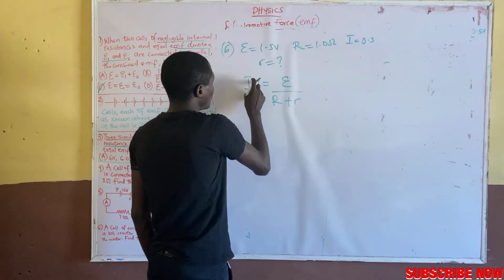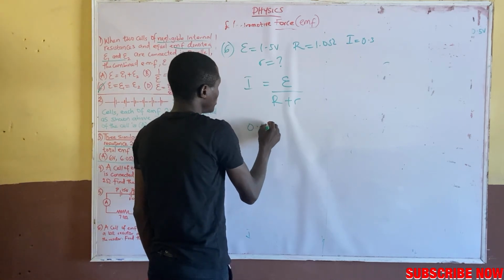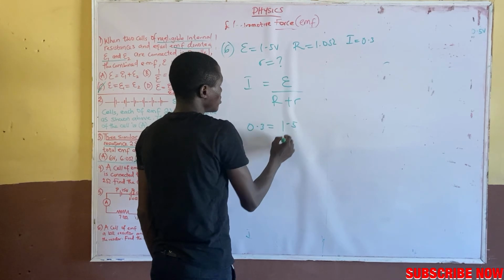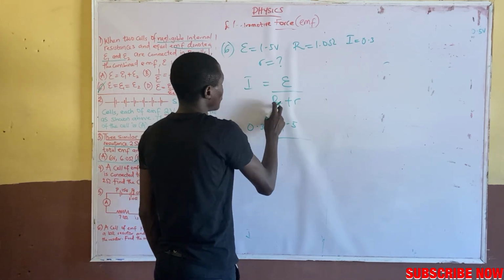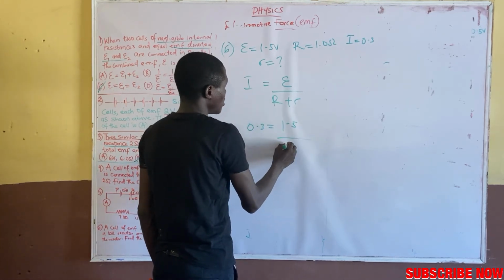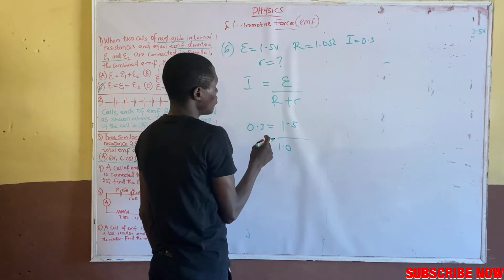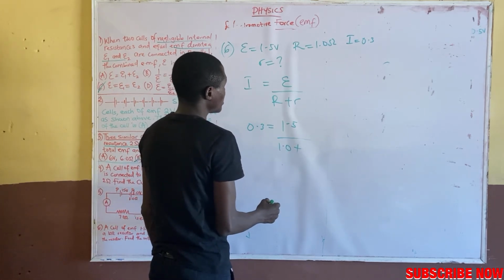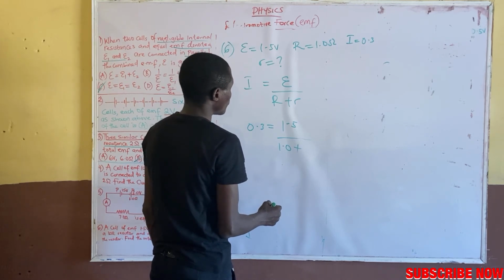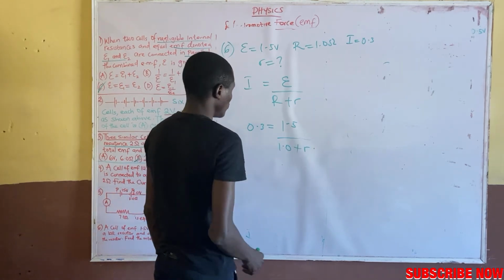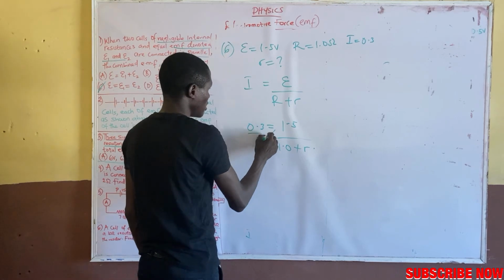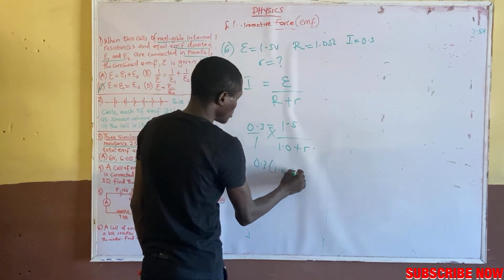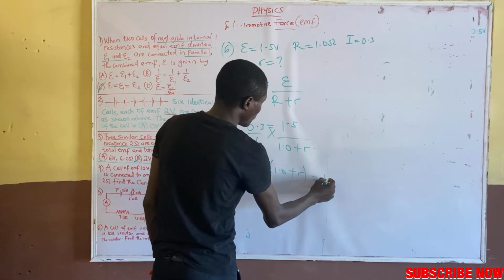So what is your I? 0.3 is equal to your EMF, 1.5, all over your external resistance, 1.0, plus your internal resistance, which is what we are looking for, R. So you must multiply: 0.3 into bracket 1.0 plus R equals 1.5.